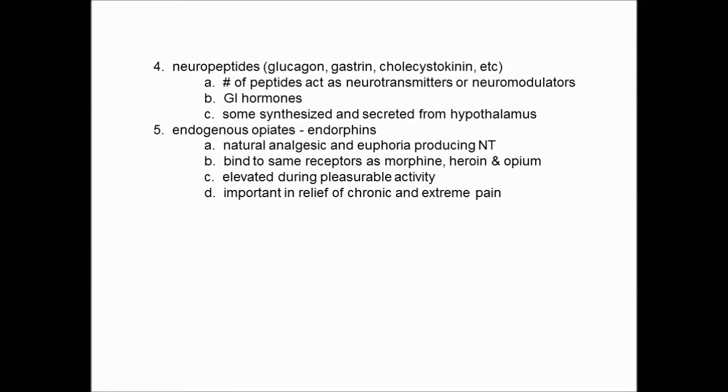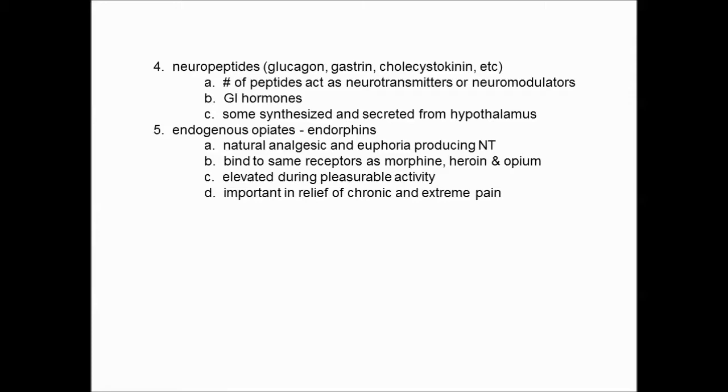These agents are almost always small peptides. We'll talk about glucagon and gastrin and cholecystokinin and many others that are essentially neurotransmitters in the gastrointestinal system. In fact, many of these were discovered before we even knew about neurotransmitters. We're going to talk about their function in the GI system. Again, don't worry about that now.